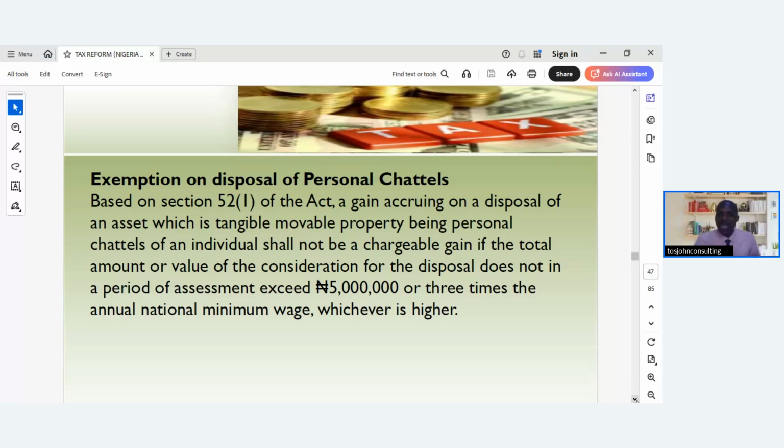So that is the conditions for you to be exempted from disposal of personal chattels for tax purpose.